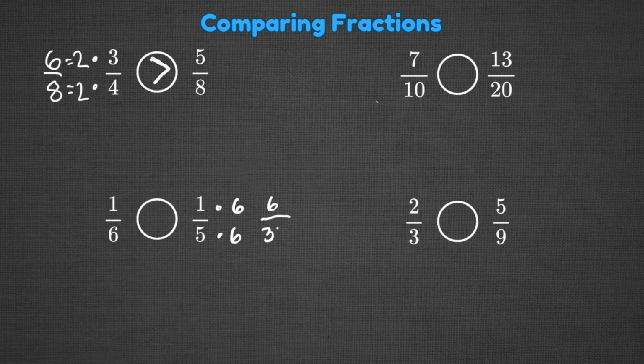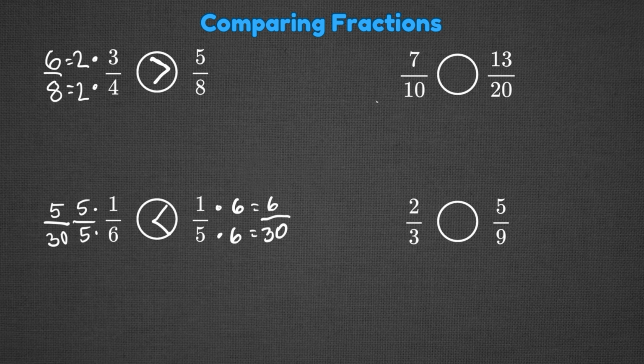So my new fraction that is equivalent, it's the same as 1/5, is 6/30. And if I want to get this side to 30ths, I need to multiply the bottom by 5 to get 30ths and the top by 5. And now I can compare 5/30ths is less than 6/30ths.